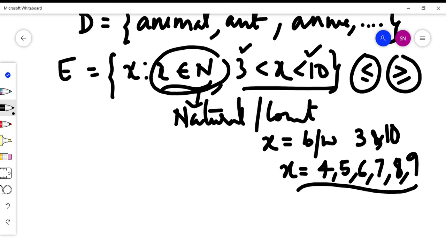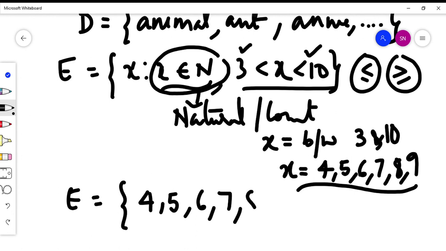Natural numbers are nothing but my countable numbers. So if I write the set of numbers in this range of condition, I get set E equal to 4, 5, 6, 7, 8, 9. Hope this is understood and justified.